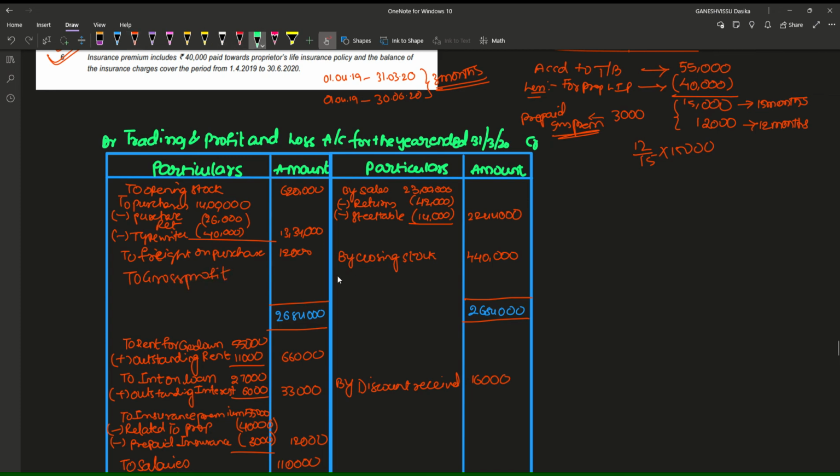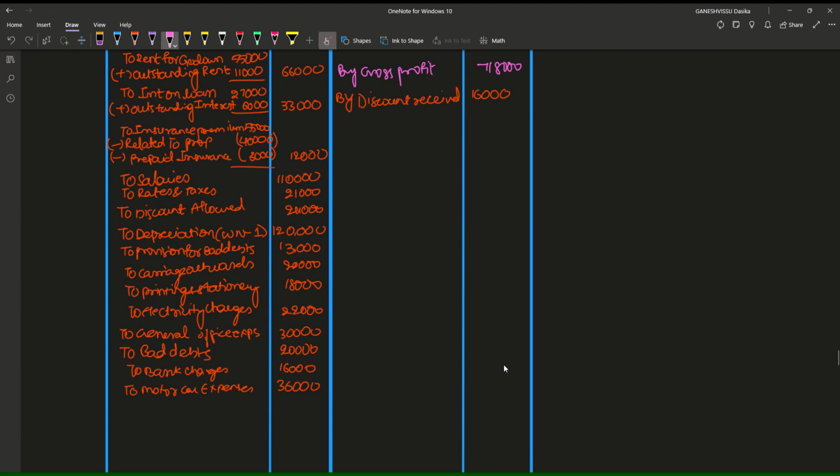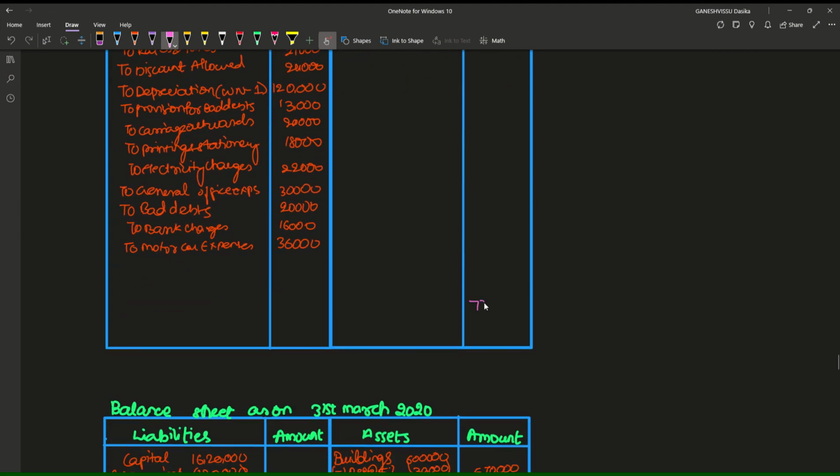I'm writing with another pen so that there is a difference. This is 7 lakhs 18,000, and here by gross profit, which is 7 lakhs 18,000 plus 16,000, the total is 7 lakhs 34,000.